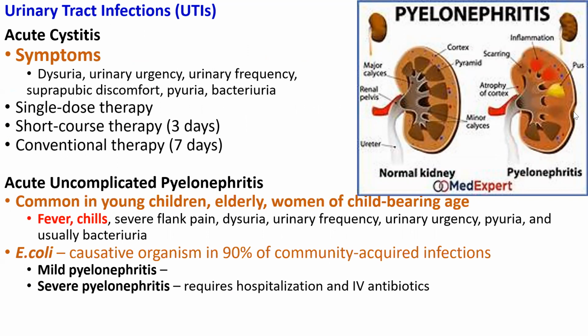In these few slides we will go over the description of the different types of UTIs, like upper and lower UTI infections, like acute cystitis and its symptoms, and acute uncomplicated pyelonephritis, which would result in systemic manifestations like fever, chills, severe flank pain, dysuria, urinary frequency and urgency, and pyuria, which is like pus drainage.